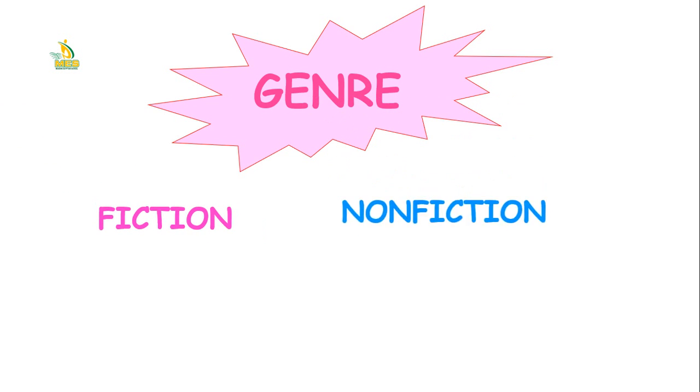What kind of text it is. So, we've got two main categories, two main groups. The first one is fiction, and the second is non-fiction. Fiction and non-fiction. Do you remember?